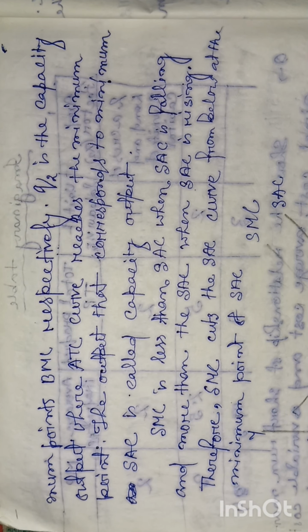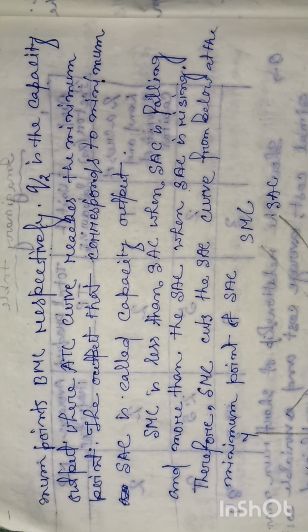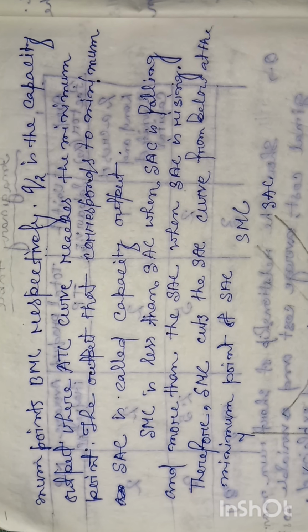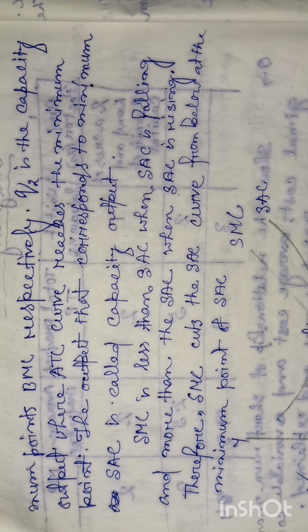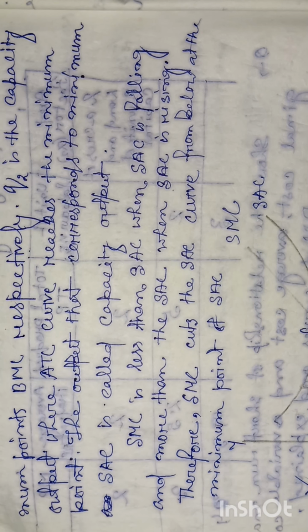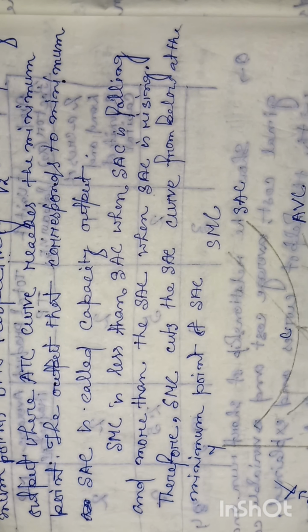Q2 is the capacity output where the ATC curve reaches the minimum point. The output that corresponds to minimum SAC is called capacity output.